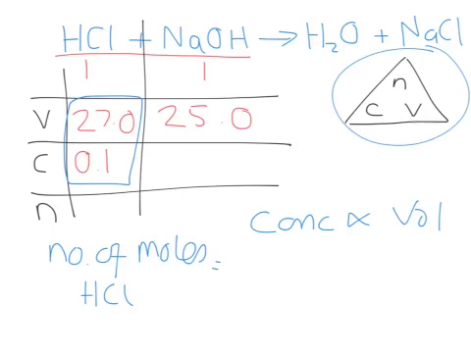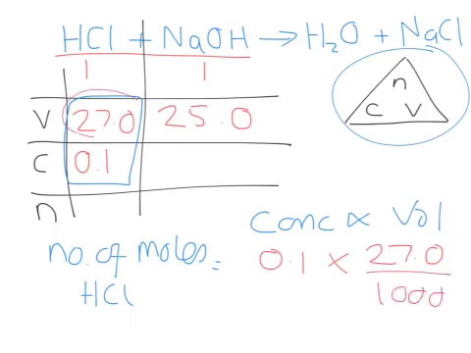The concentration is 0.1 and the volume is 27.0. However, as for the volume units, it has to be divided by 1,000 because that value here, 27.0, is in centimetres cubed, and we need to record it as decimetres cubed. The answer to this is 0.0027 moles.